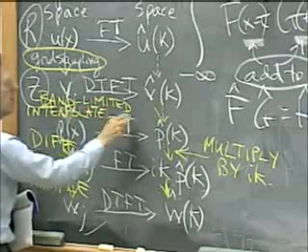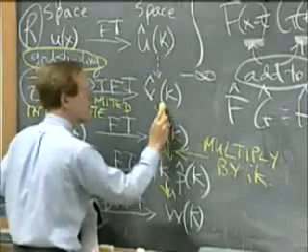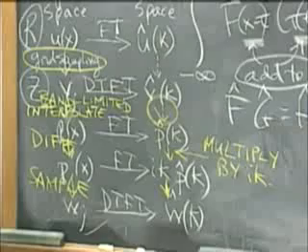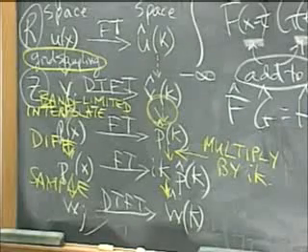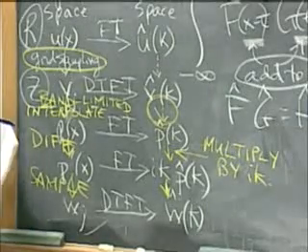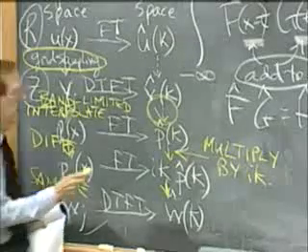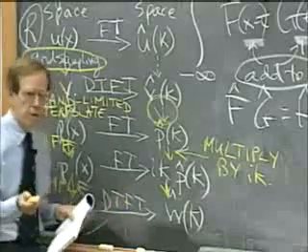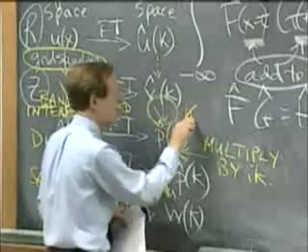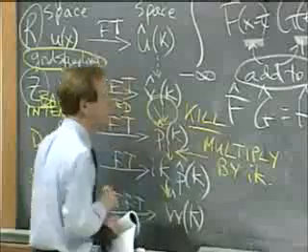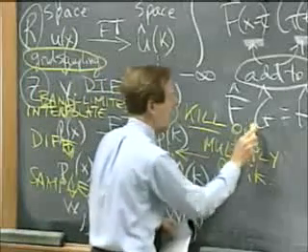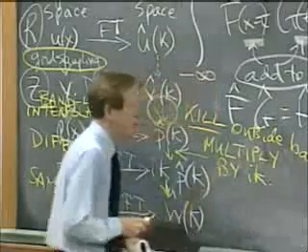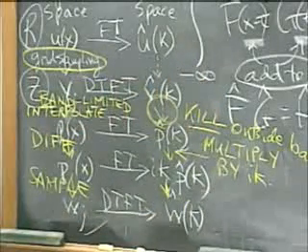And what did that do? We band limited it. We killed it outside the band. We did an ideal low pass filter. I never have space on this board, so I'll just put "kill outside the band." Set it to 0.